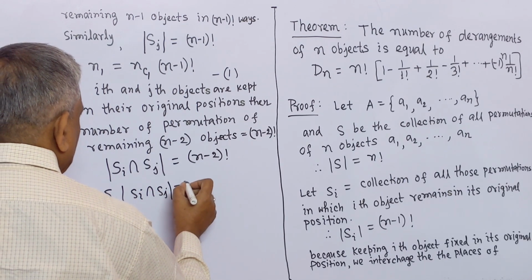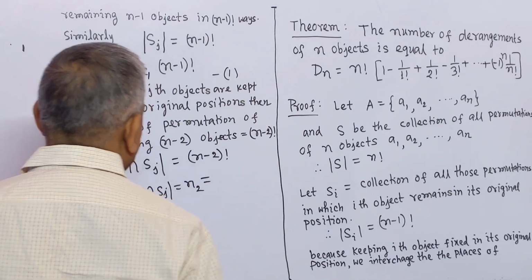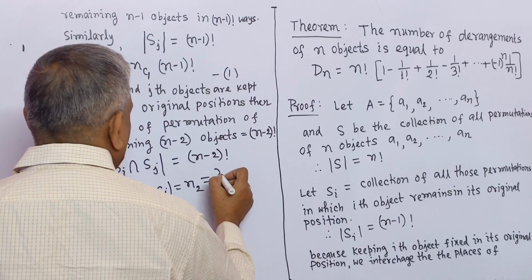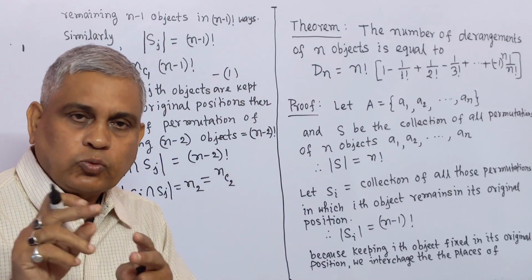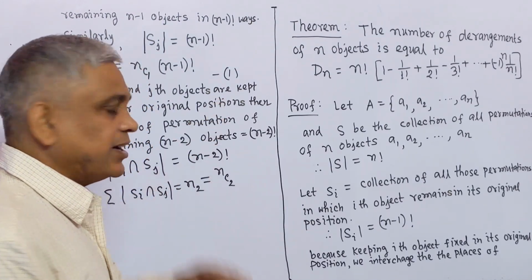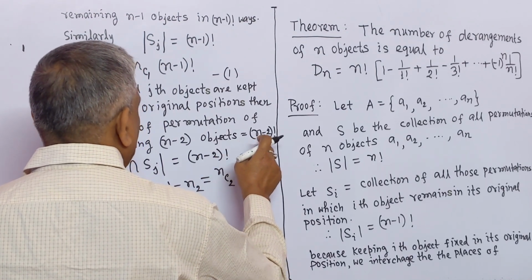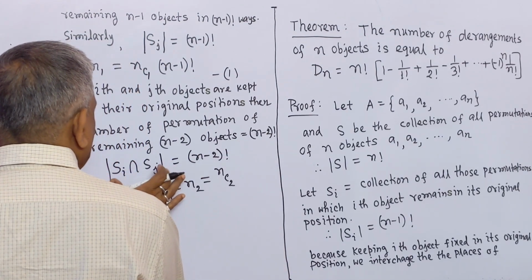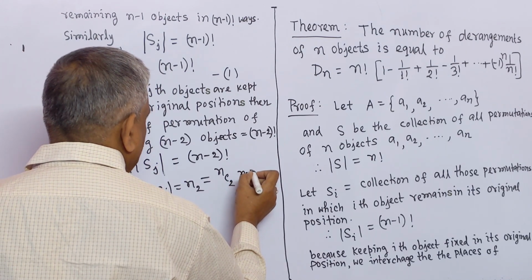This is equal to, let us say, n2, and this will be nC2 (n-2)!. It means we take two sets out of n sets, and the number of permutations for each of this type is (n-2)!.